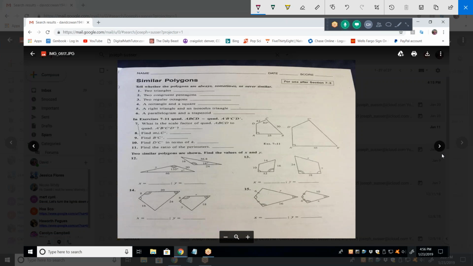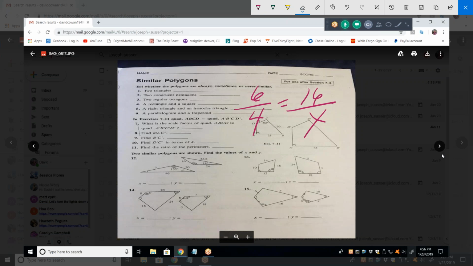Well, 6 to 4. We're going big to little. 6 to 4 is equal to 16 over x. That allows us to solve for x.